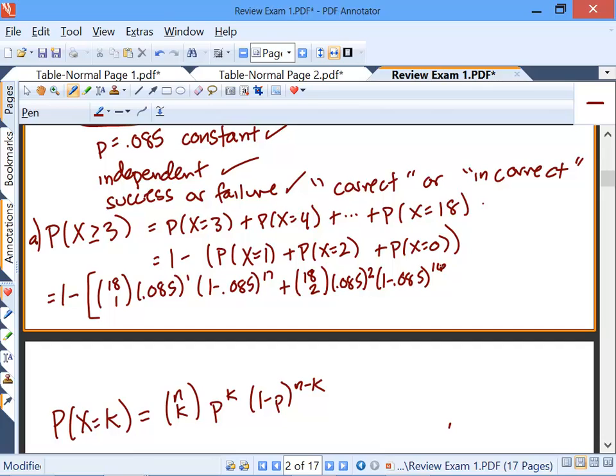Because if I have 2 successes, I need 16 failures. And we need to do it for the 0. So it'll be 0.085 to the power of 0, and 1 minus 0.085 to the power of 18, because I'll need 18 failures.